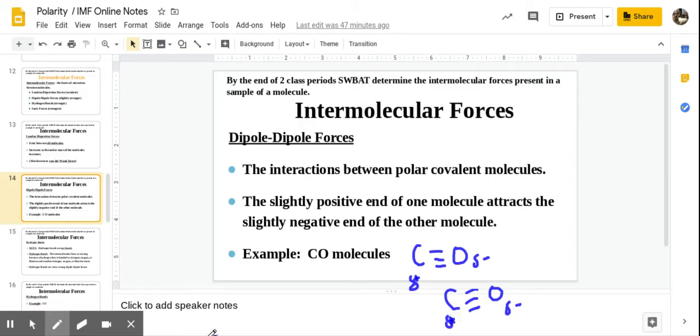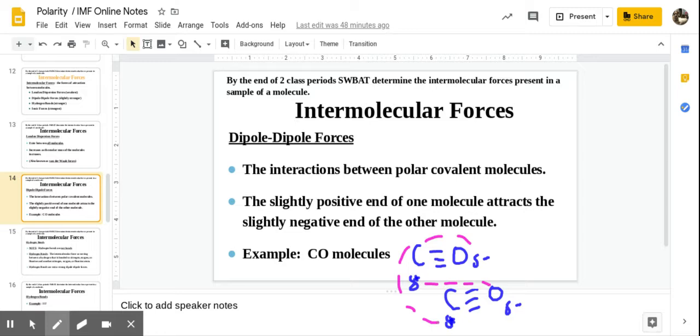And then just like the last slide, the slightly negatives and the slightly positives are attracted to each other. So this slightly positive will go over here to this slightly negative, and then this slightly negative will be attracted to this slightly positive, and they'll spin around, and there will be a whole bunch of CO molecules, and they'll all be attracted.